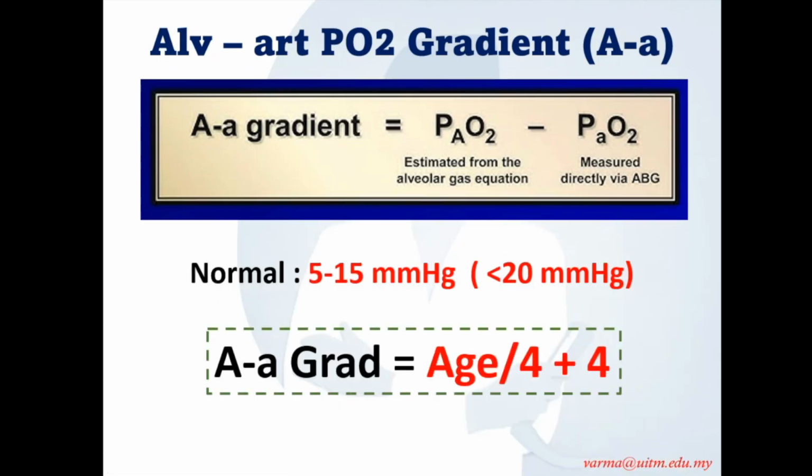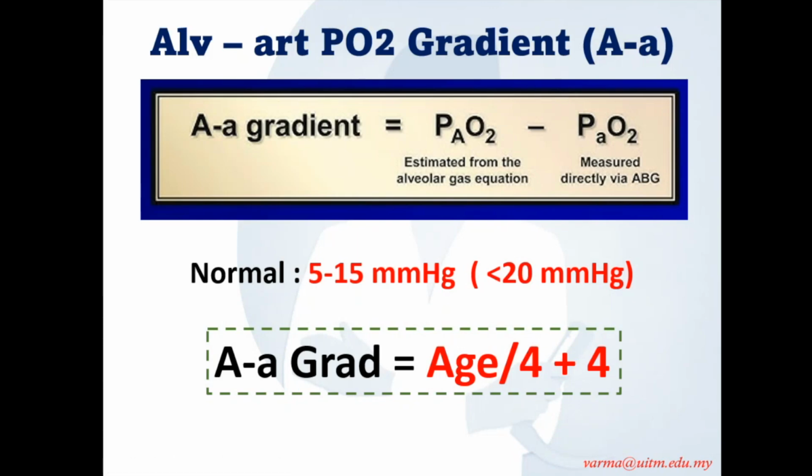Another way of calculating the A-a gradient: before you even calculate, you want to know what is expected for this patient versus what is the actual. A person is intubated and admitted to your site. What is the A-a gradient that is expected for this patient? It's age divided by 4 plus 4. Your A-a gradient is affected by age.